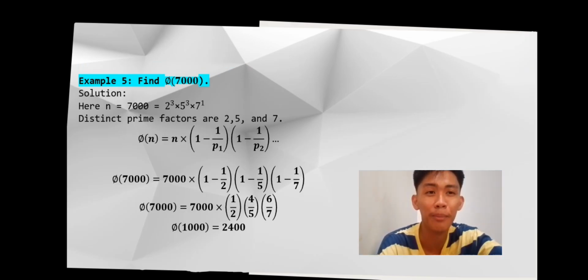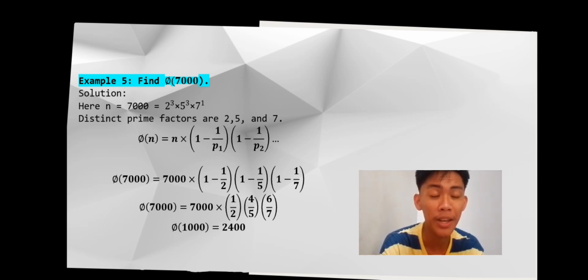Now let's proceed to our last example. Our last example is find phi of 7,000. Our n here is 7,000. In this example, class, we can use the third case. In the third case, the formula is phi of n is equal to n times the quantity of 1 minus 1 over p sub 1 times the quantity of 1 minus 1 over p sub 2, and so on and so forth.